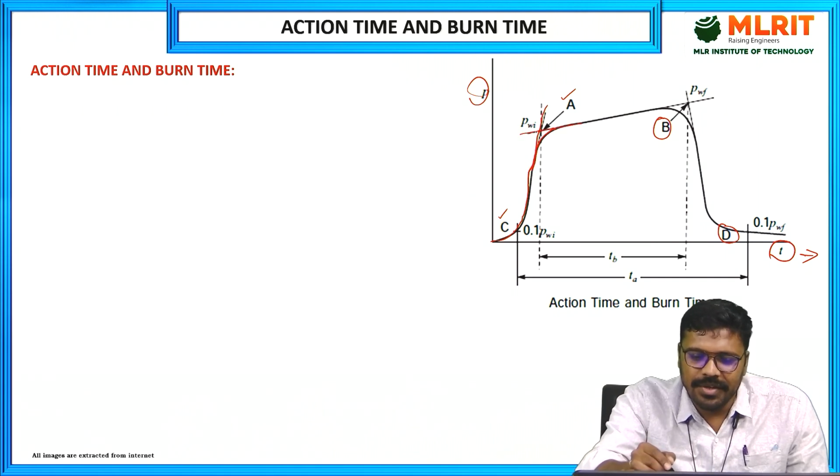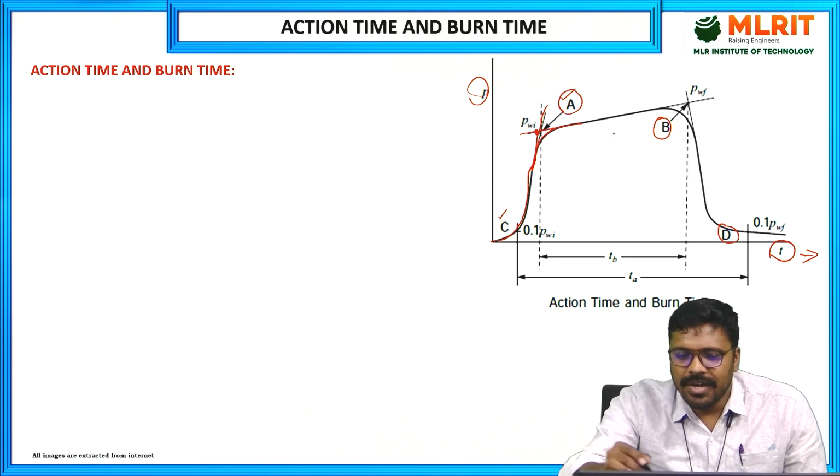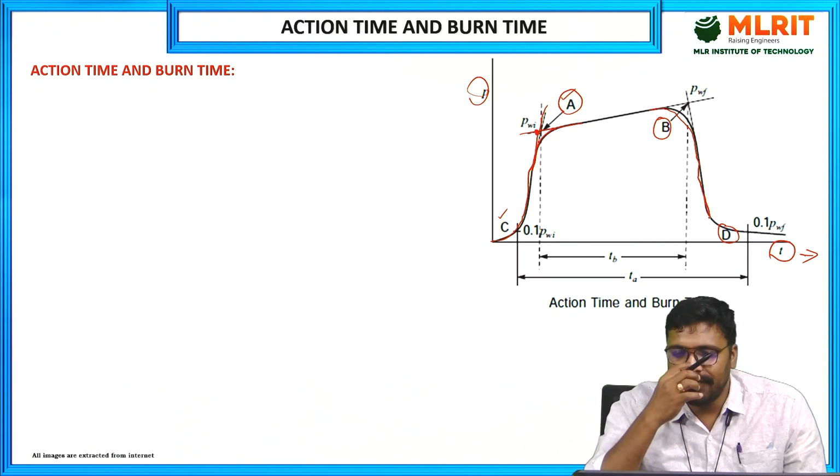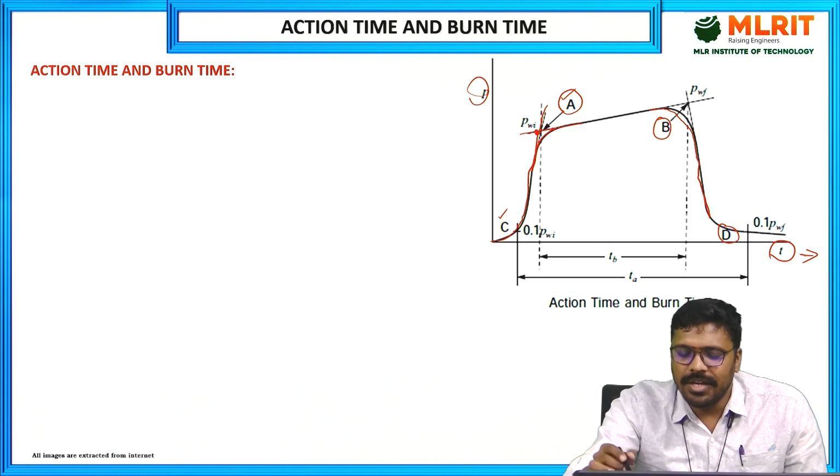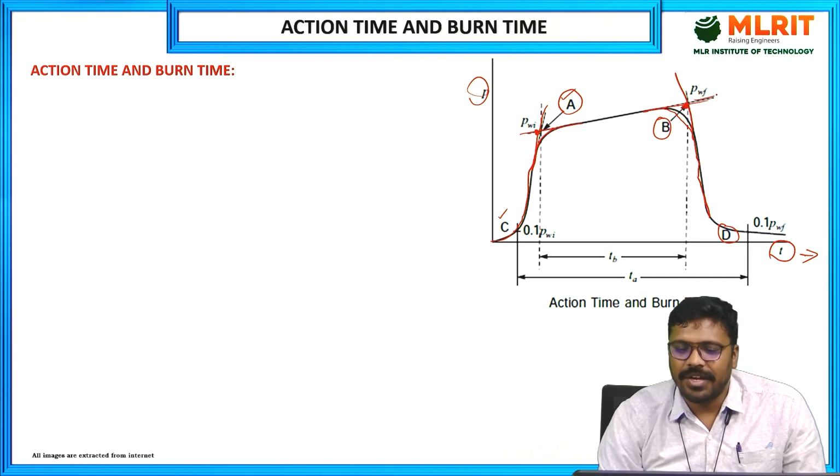Whatever the intersection point, that intersection point we are considering as A, and after some duration the pressure suddenly decreases. It starts decreasing at the end of the propellant grain burning. At that time again we are drawing one tangent here and another tangent here, and whatever the intersection point, we are noting that as PWF, web final pressure.